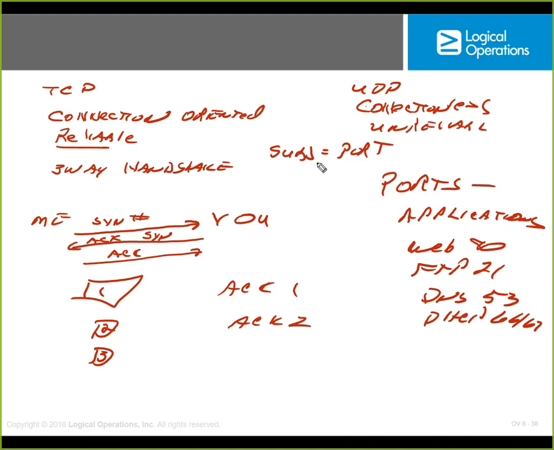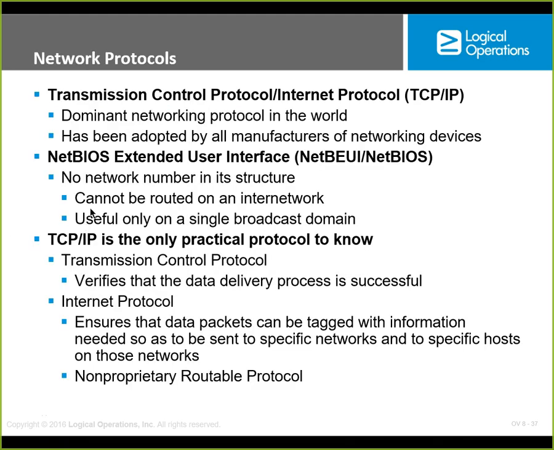But how are we going to connect these things? Connection-oriented, connectionless. TCP and UDP are the protocols that do that. TCP transmission verifies that the data delivery is successful. Internet Protocol ensures that the data packets can be tagged with information needed to be sent to specific networks.